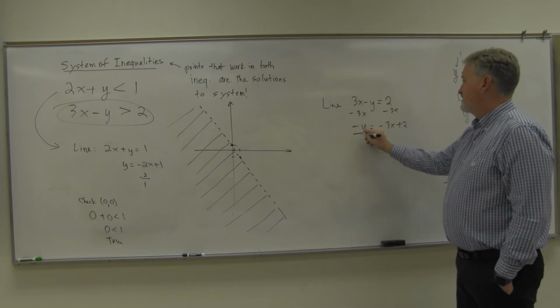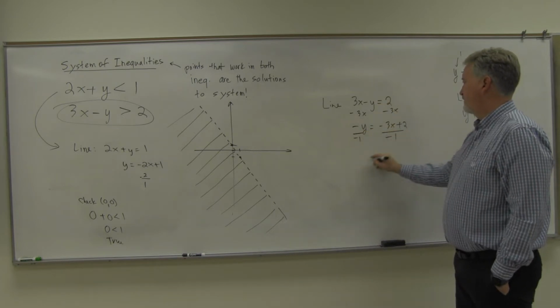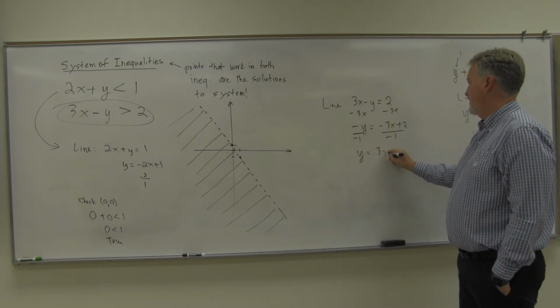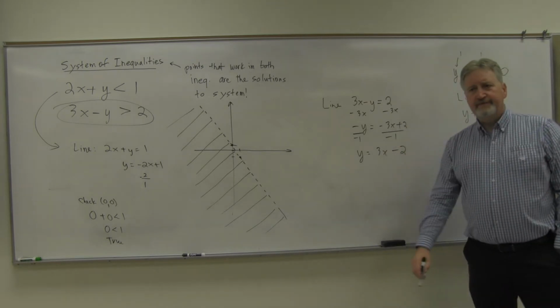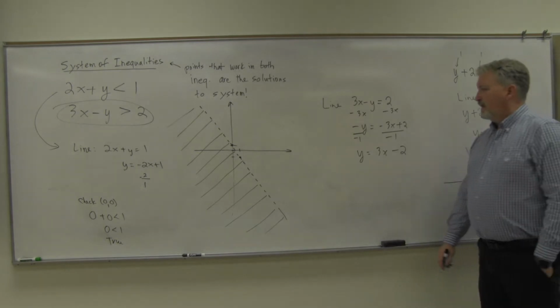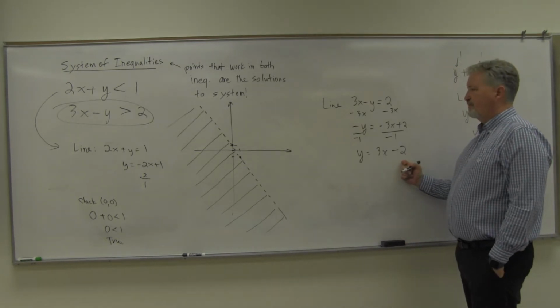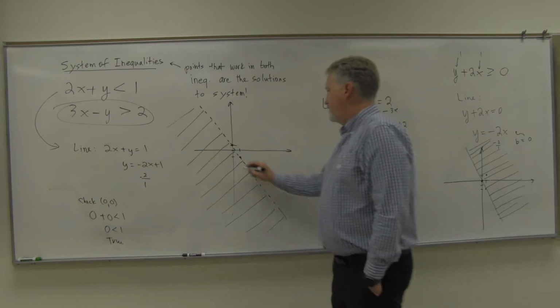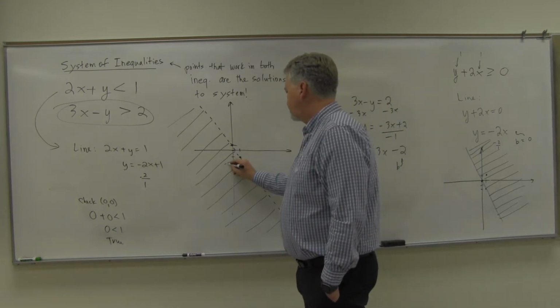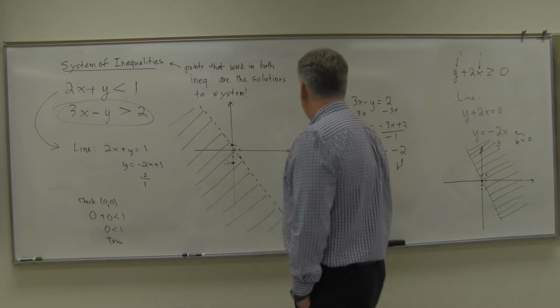Then you still got the minus, so divide by negative 1, so that makes it y equals 3x minus 2. You divide those by negative 1. All right, so this one has a slope of 3, b of negative 2. And so its y-intercept's there.